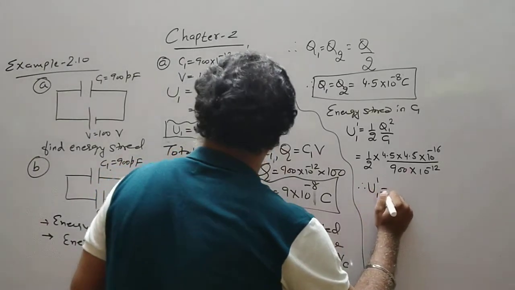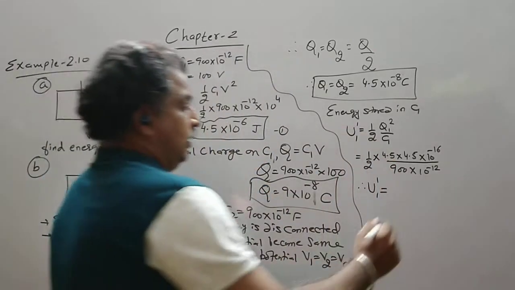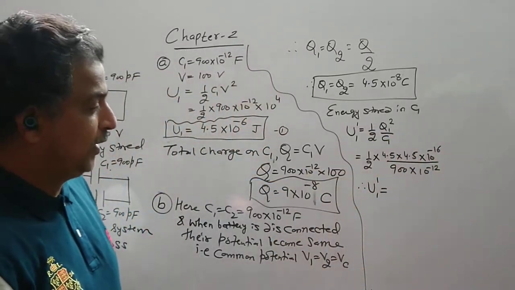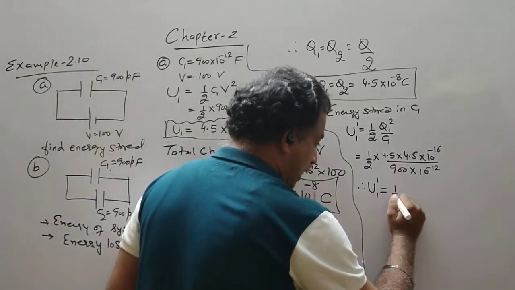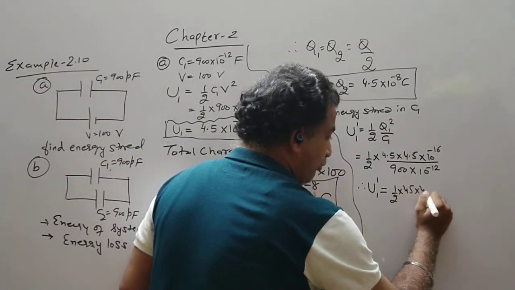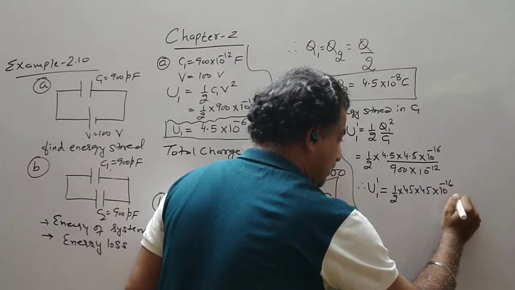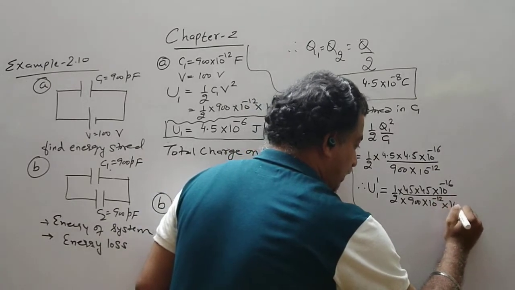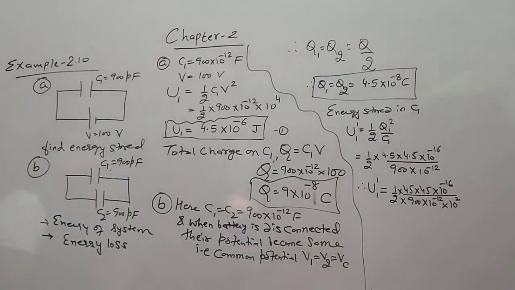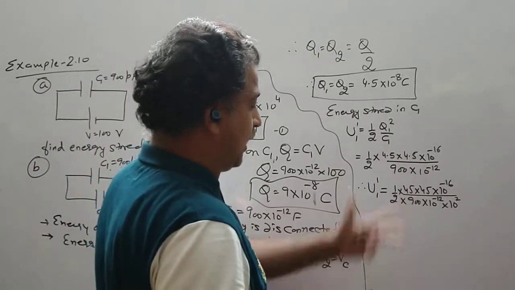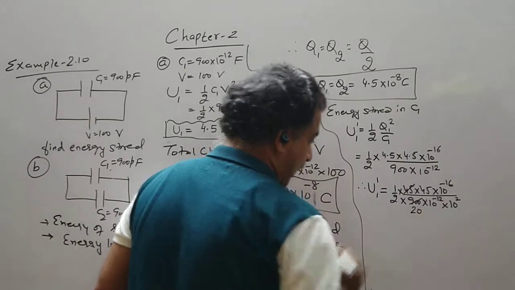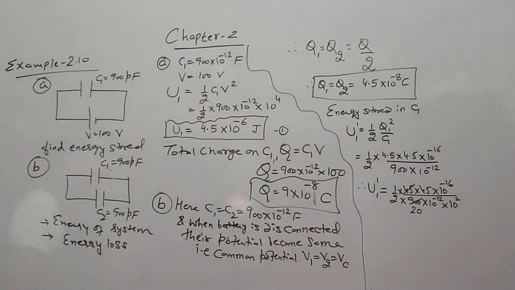And therefore U1 dash is equal to, so now I take the 4.5, 4.5, I remove the decimal, so 100 comes into the denominator. So half into 45 into 45 into 10 raised to minus 16 divided by 900 into 10 raised to minus 12 into 10 raised to 2. That is for this decimal. So the calculation becomes easier. So 45 divided by 900, 1 by 20.